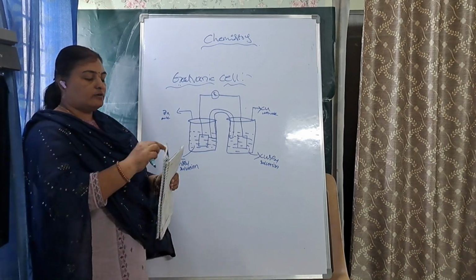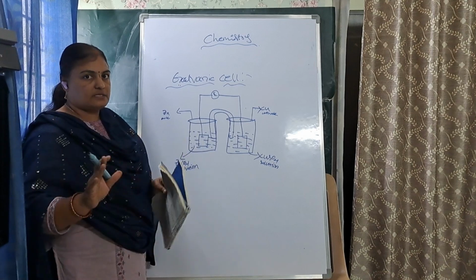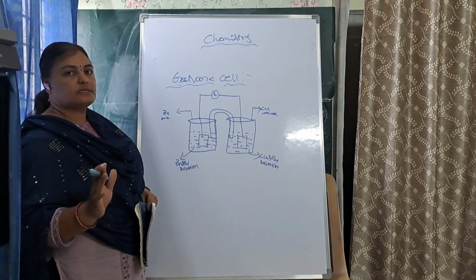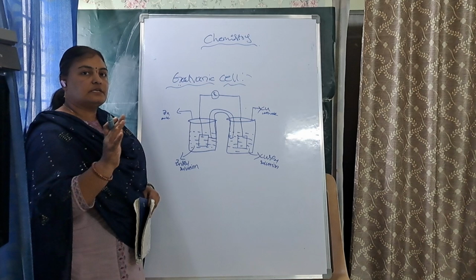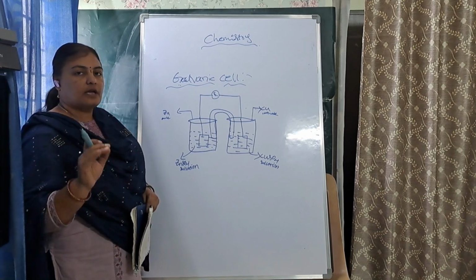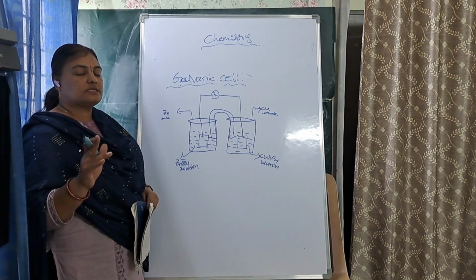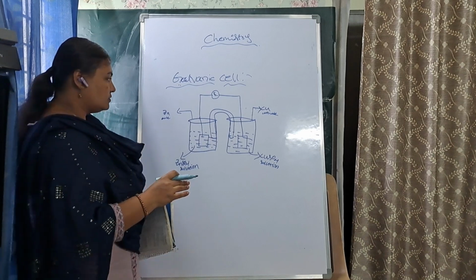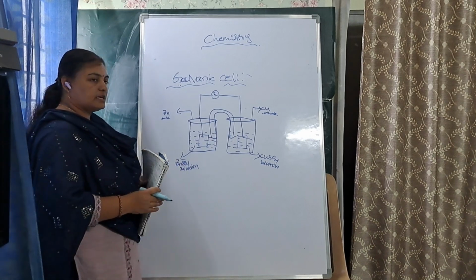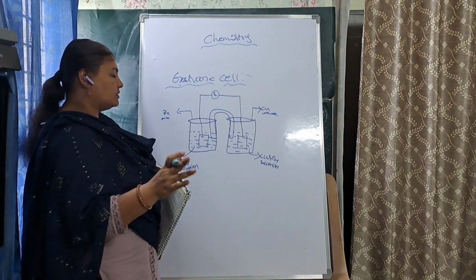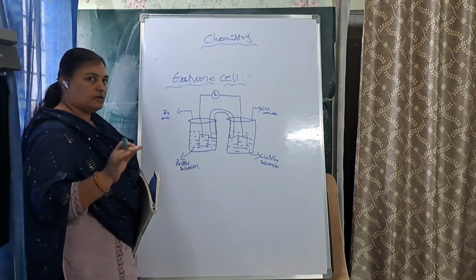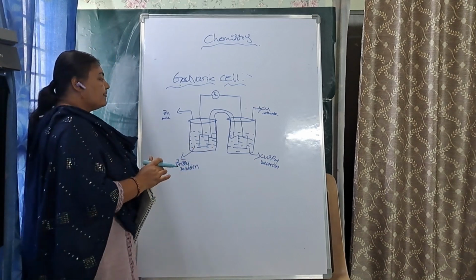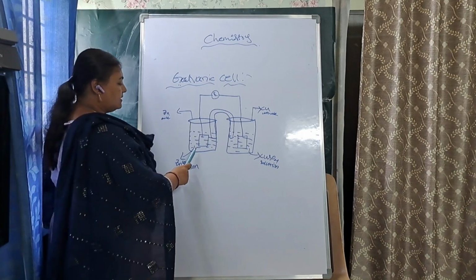Anode is plus, cathode is minus. Plus means it needs electrons, cathode being negative means it has excess electrons. As you already learned in lower classes what is anode and what is cathode, here I am just telling briefly.